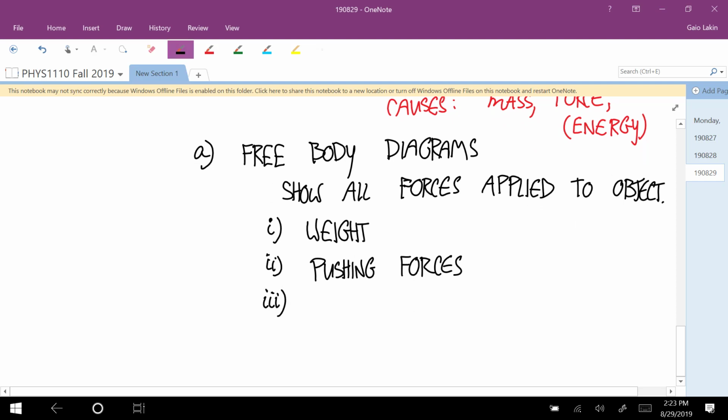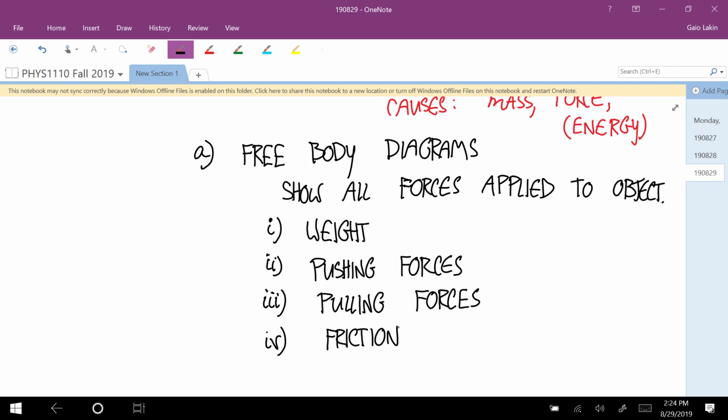The third category is pulling forces. And the fourth category is friction forces. Okay, so everything we're going to see is going to fall into those four categories. And each of those four categories is going to have to be treated in sort of a specific way.